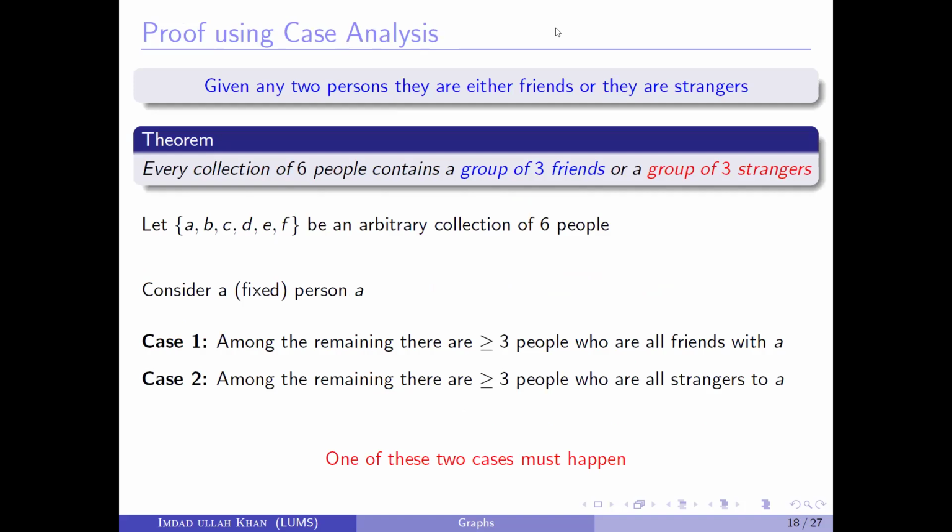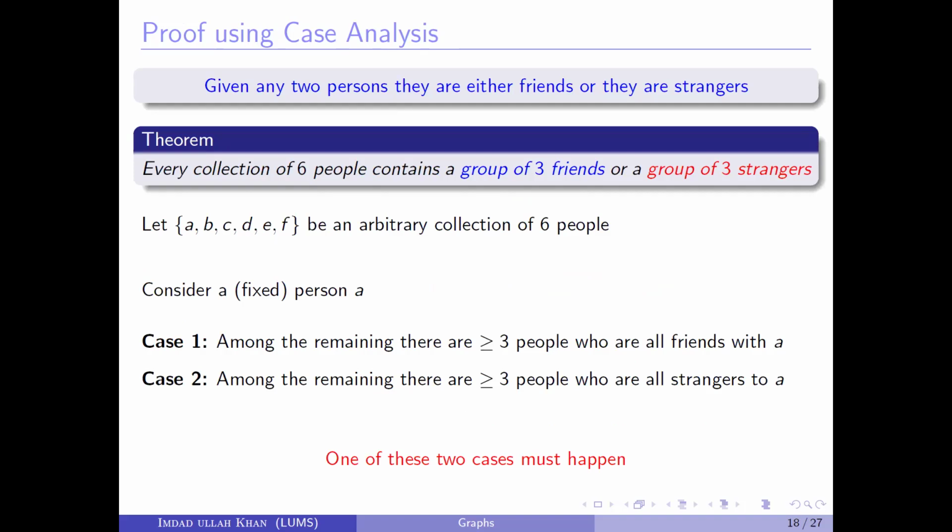Similarly, we can use our previous fundamental principles we have been talking about in terms of counting. We can contextualize them in the case of graphs. So you might be able to recall this theorem that each collection of 6 people contains a group of 3 friends or a group of 3 strangers.